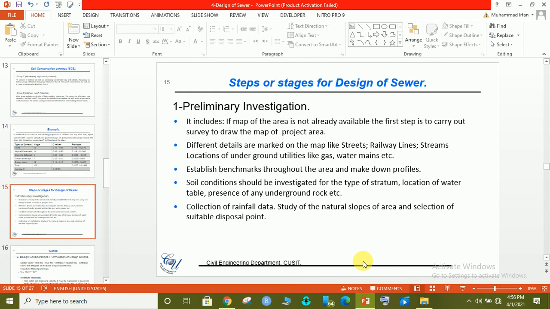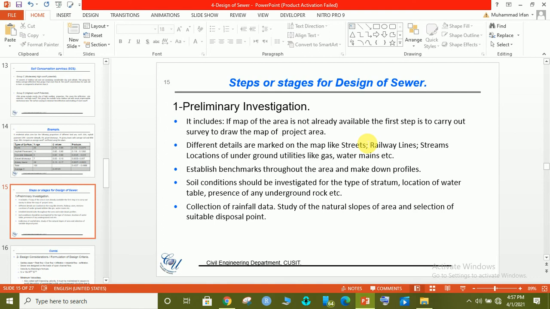If you want to construct a sewer, if you want to lay a sewer in any area, you need some important steps to be followed from the initial point to the final stage. It includes, if the map of the area is not already available, the first step is to carry out the survey to draw the map of the project area.